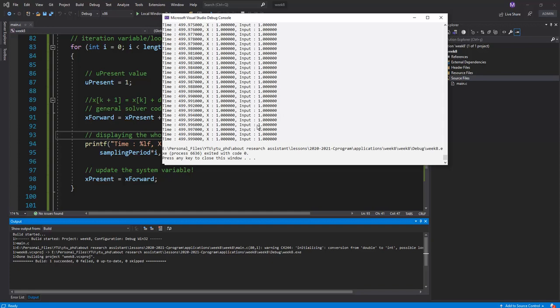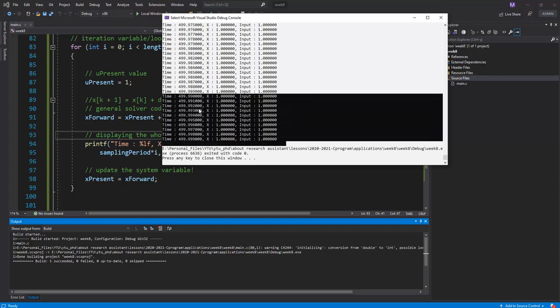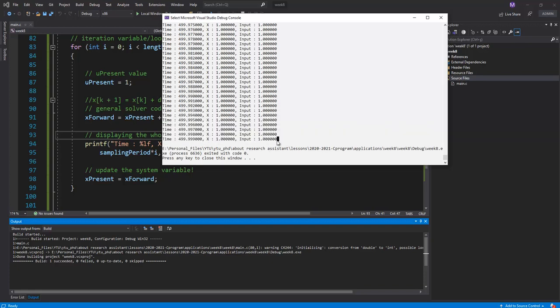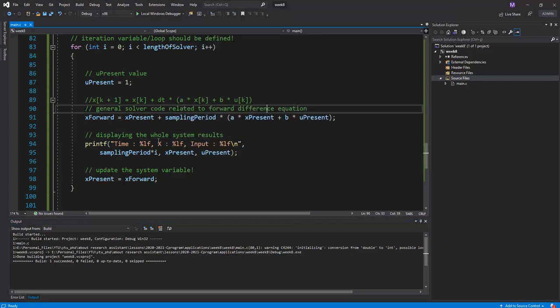Okay, and so we may have a prediction of our system, like the car, like the plane, like the rocket, in the computer software. And so this code is the basis of simulation programs.